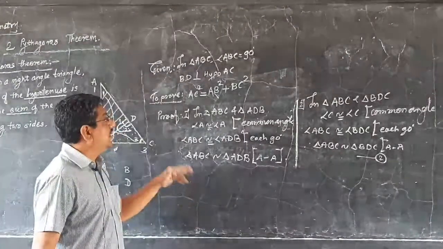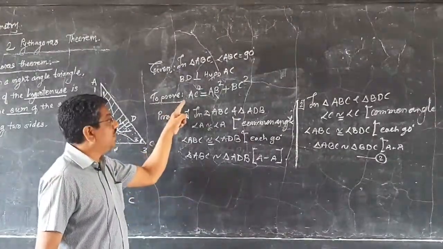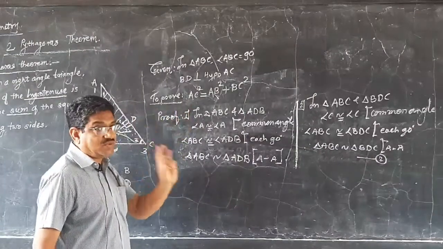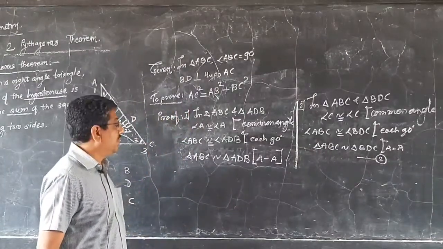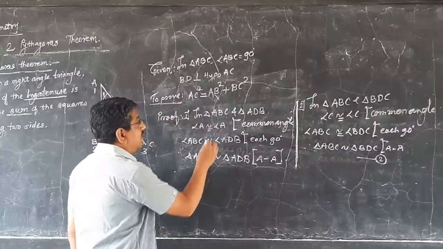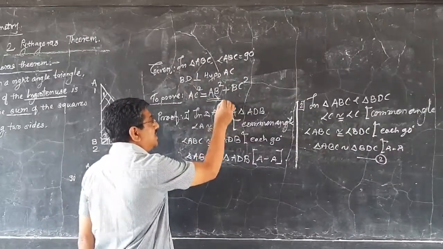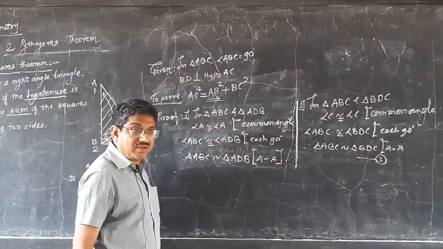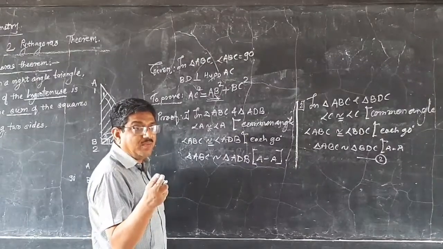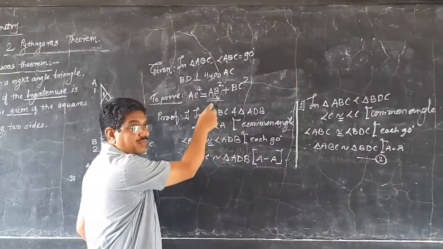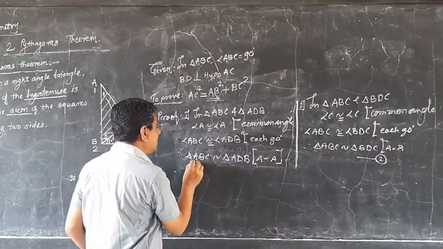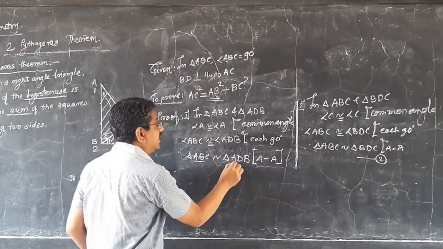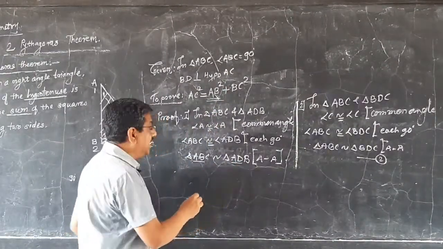But in this theorem, you have to take the ratios of the sides properly. Now, you have to find the value of AB square first. Therefore, take two equal ratios which contain AB. Suppose I take this AB, then here you have to take the corresponding side AD.